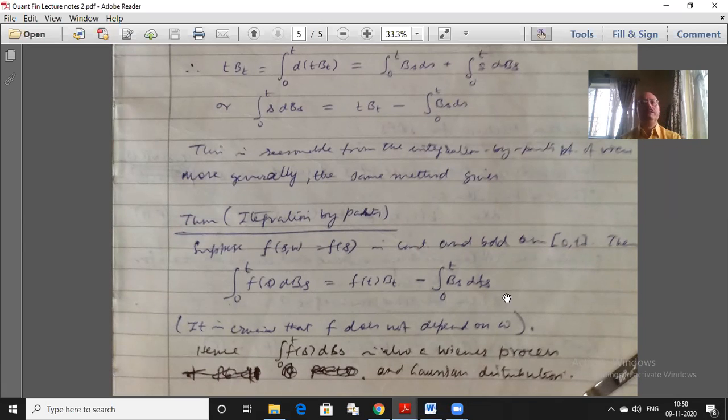And because of the Gaussian nature of the ds type integrals, we can now claim, or we can now prove, that the dB type integrals, f(s) dB_s, those integrals will also be Gaussian. So our processes to be considered still remain to be the normal distribution, which is very, very useful.